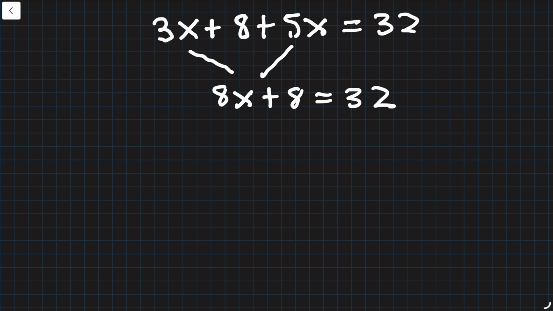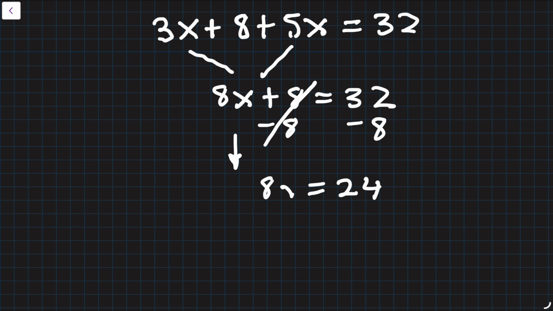You're gonna put negative 8 on both sides, and they cancel out. So 32 minus 8 is going to be 24. Then you put down the 8x over here, and divide by 8 on both sides. Your final answer is going to be x equals 3.